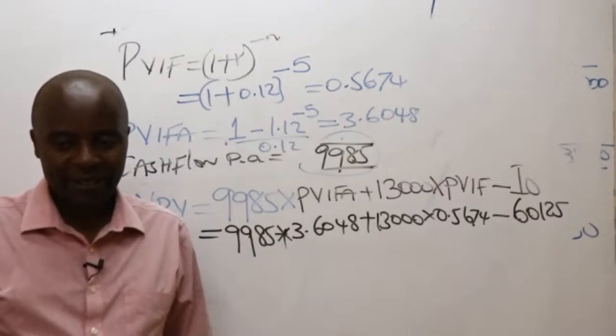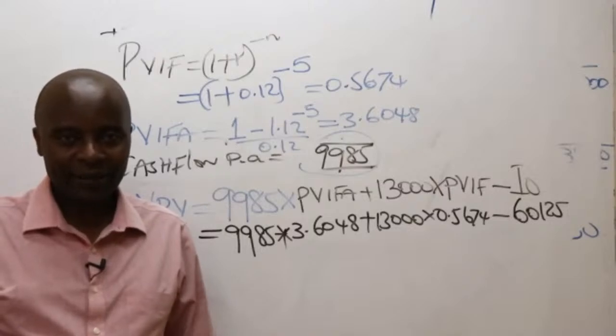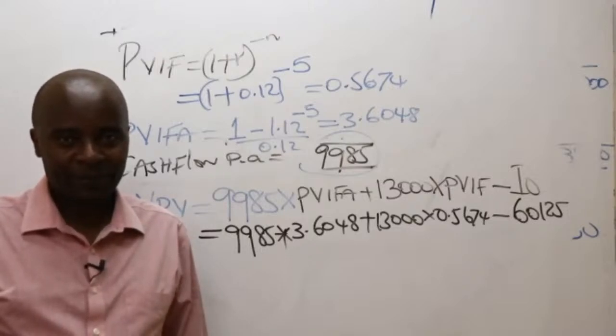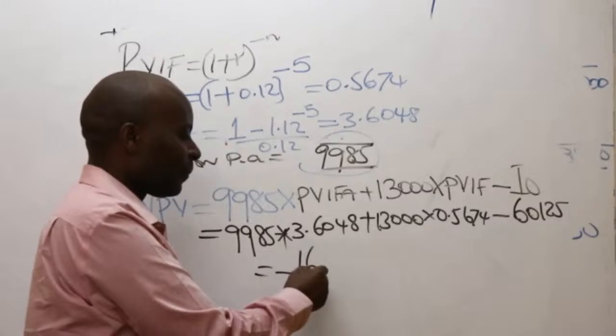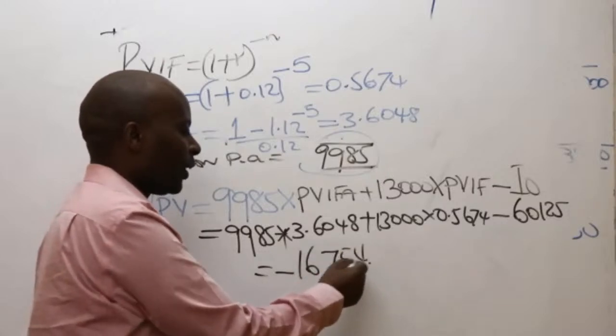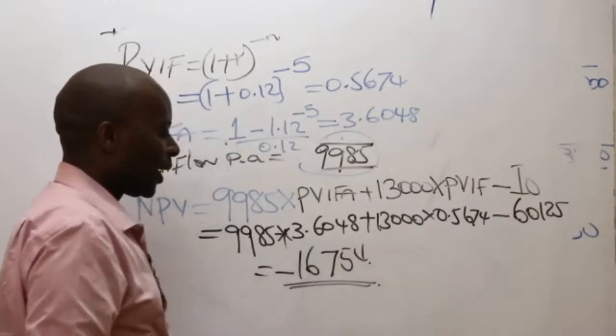No, only Edith. Bianca. Yeah. Josephine. Almost 6 of them, the same answer. Negative what here, somebody? 16,754. Thank you very much. Negative 16,754.